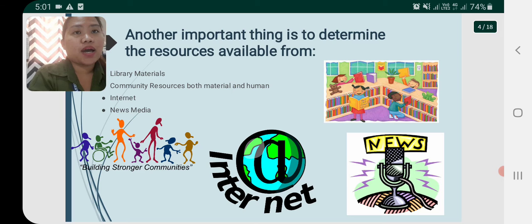Sunod, another important thing is to determine the resources available. Ito po ay nanggagaling sa library materials, community resources, both materials and human, internet, and news media.